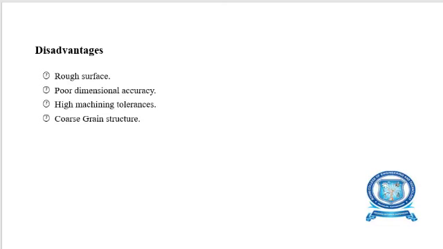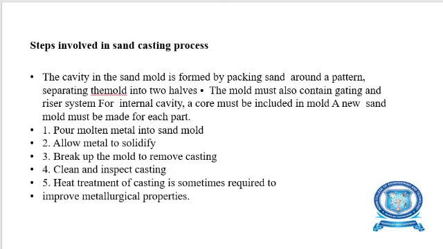Steps involved in the sand casting process. The cavity in the sand mold is formed by packing sand around the pattern. The mold is prepared in two halves. The mold must also contain a gating and riser system and an internal cavity. A core must be included in the mold.